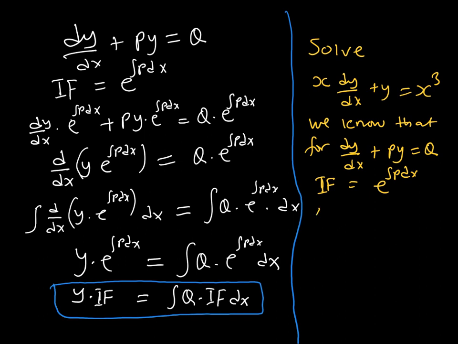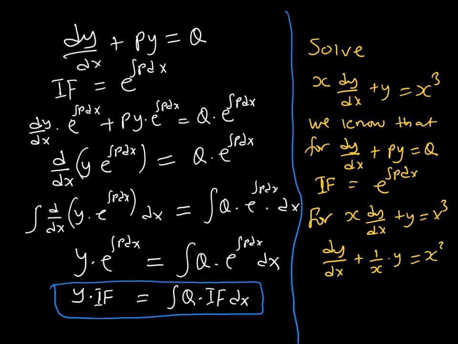So for x dy by dx plus y equals x cubed, you can say dy by dx plus 1 over x times y equals x squared. That's dividing through by x. And this means that P is 1 over x.